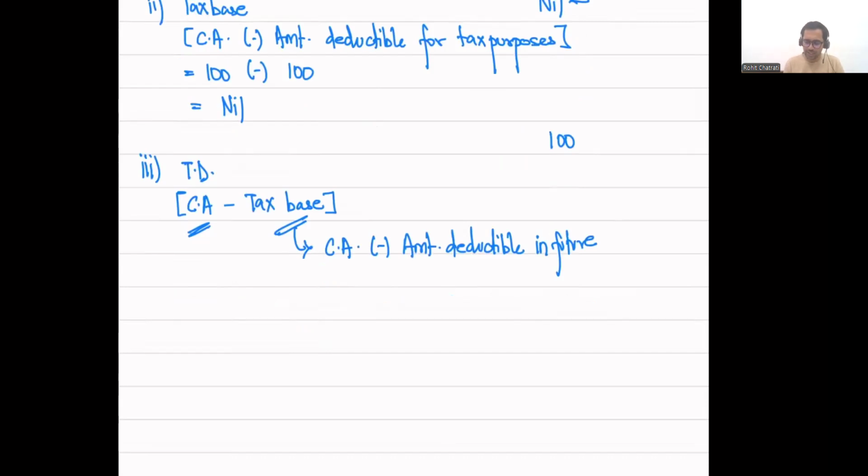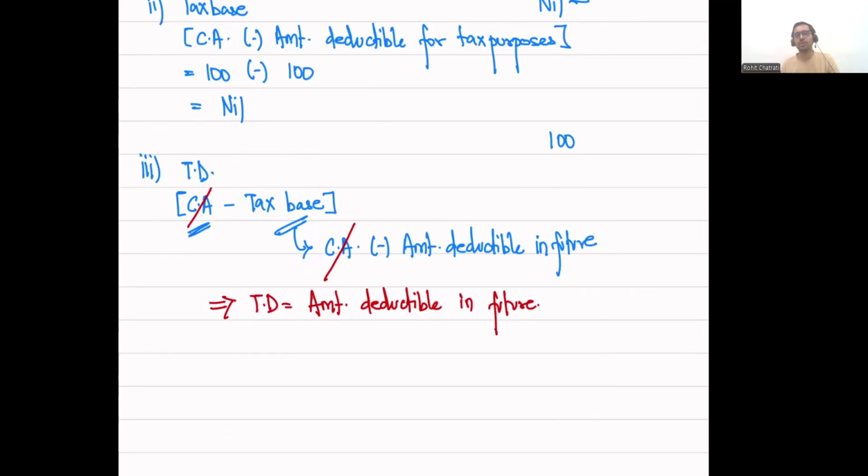If you notice, this carrying amount and carrying amount are nullifying each other, and what you will be left with is amount deductible in future. The temporary difference is generally going to be the amount that is going to be deductible in future.